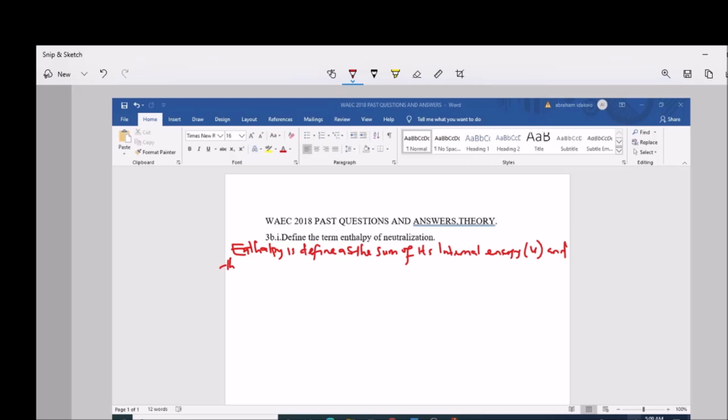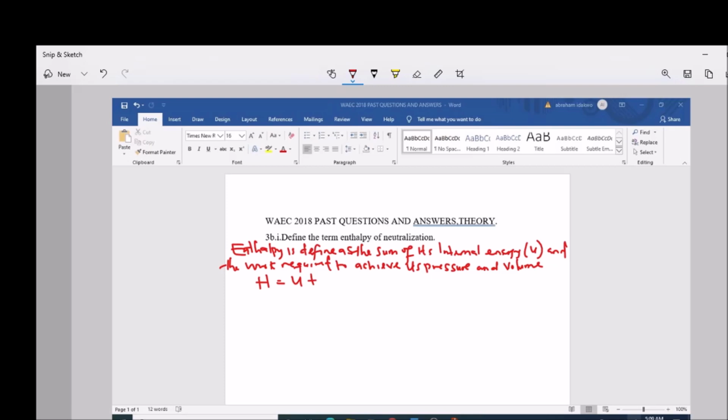Now, this definition is given in mathematical expression as H is equals to U plus PV. Where we have our H stands for enthalpy, so H is used to represent the enthalpy.